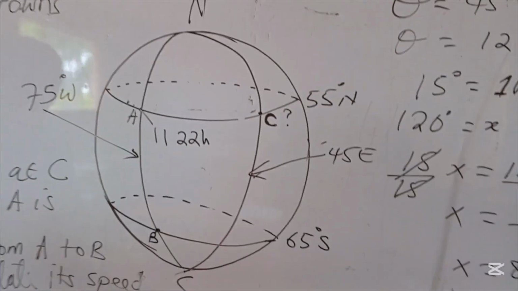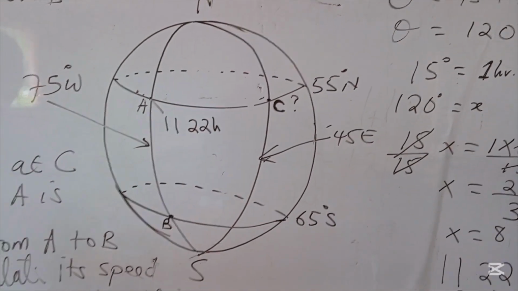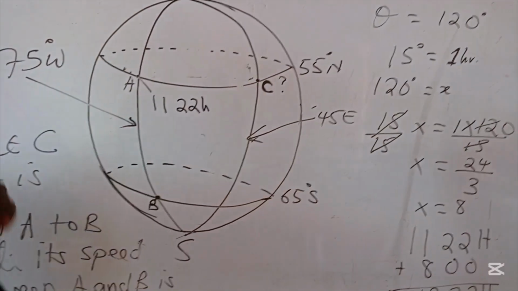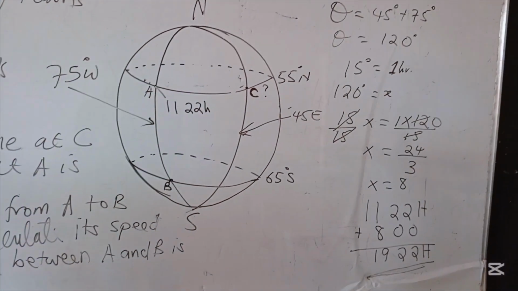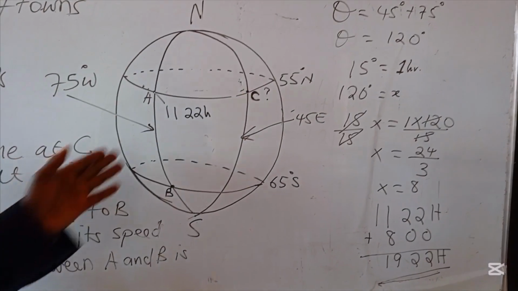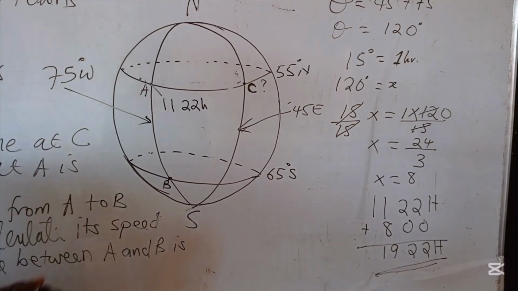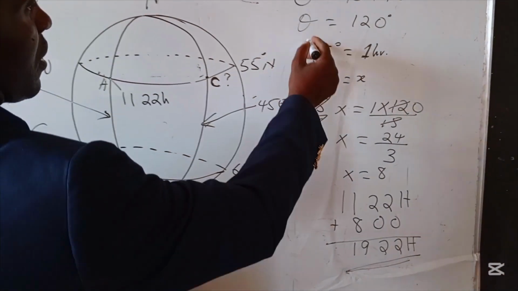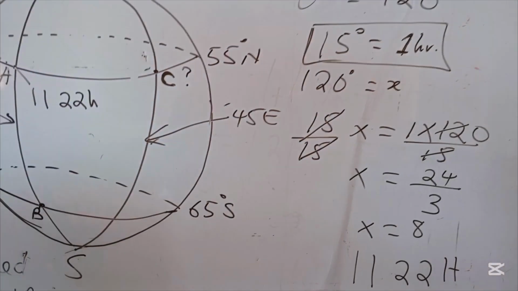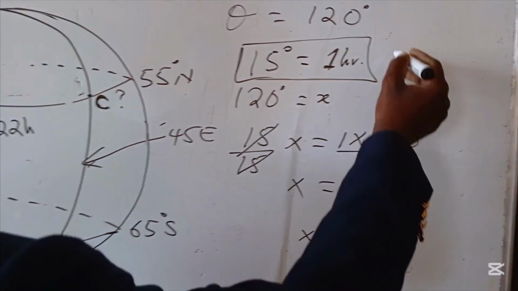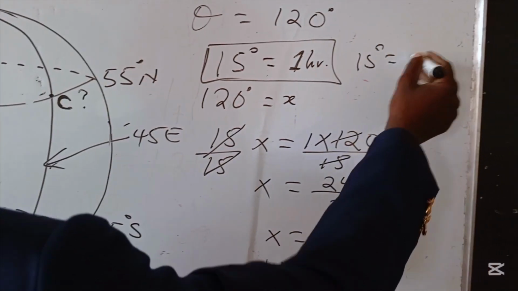So fellow viewers, once more, when it comes to time calculation, these longitudes always help us to calculate time. I know that every 15 degrees is equal to 1 hour. I can break this down: every 15 degrees is equal to 60 minutes.